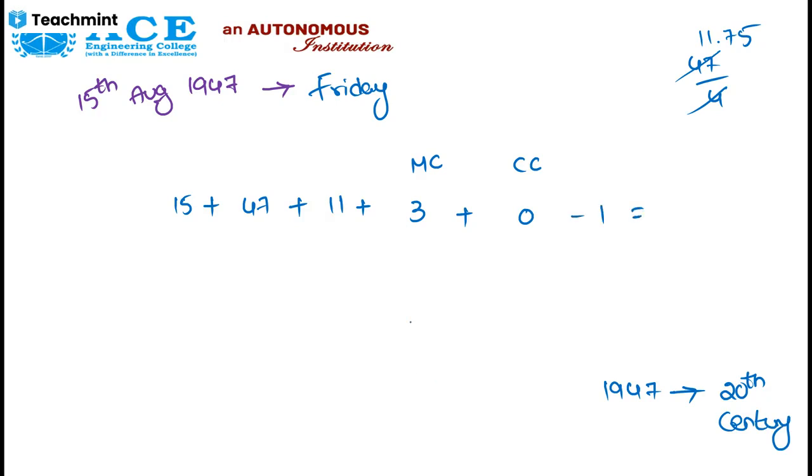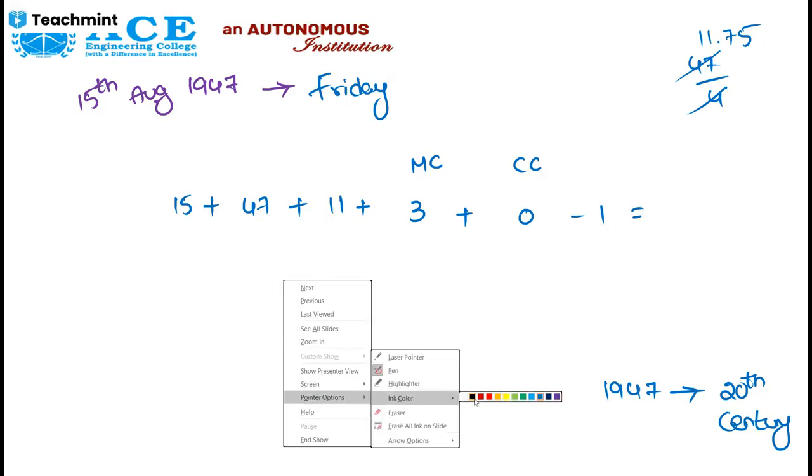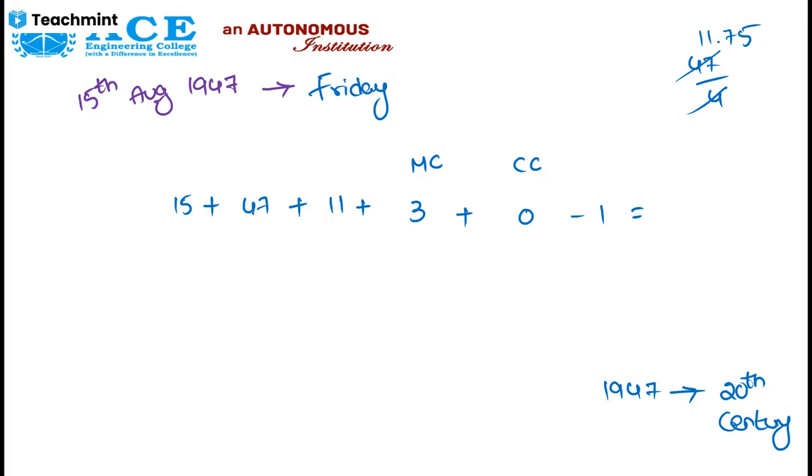Now, a few of you are doing like 15 plus 47, we'll add it, 62, plus 11, 73, plus 3, 76, minus 1, 75. Divide by 7, we get 5 odd days, which means Friday. Or else, a few will do 11 plus 3, 14, 0 odd days. 15, 7, 7 divided by 7, 1 odd day.